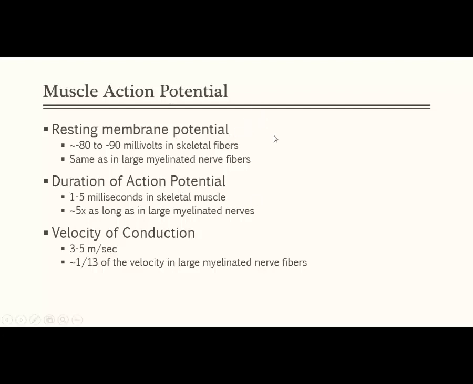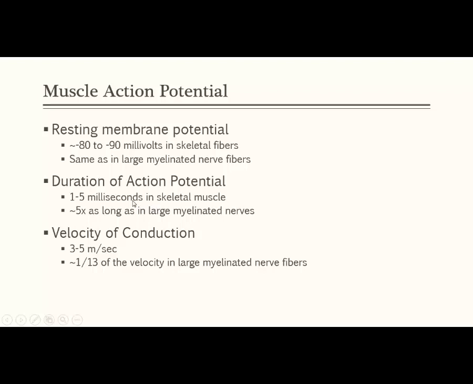The resting membrane potential in the skeletal fibers is similar to the resting membrane potential in the large myelinated nerve fibers. So it's a significant negative resting membrane potential of minus 80 to 90 millivolts. When an action potential occurs, it lasts longer in muscle fibers than it does in nerve fibers.